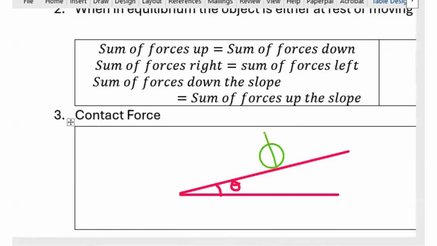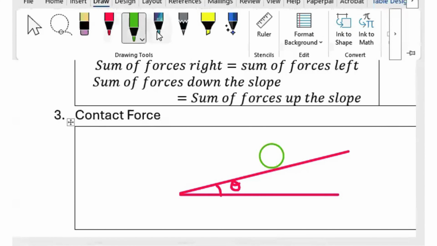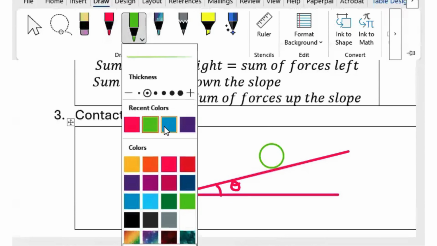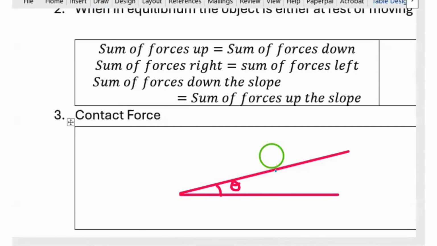One of them is the normal component, or normal force as we call it. We give it both names, normal component or normal force. This is a force that is perpendicular to the surface. This is also called the normal component.